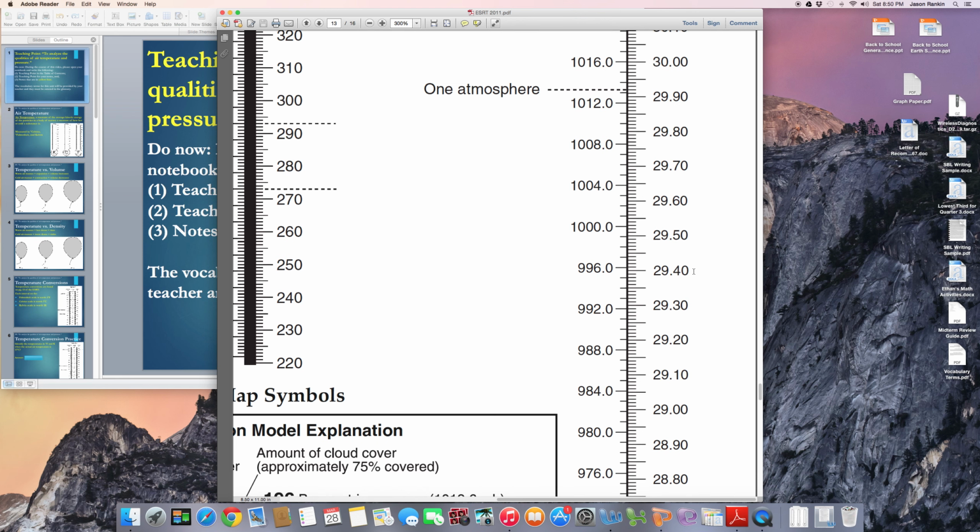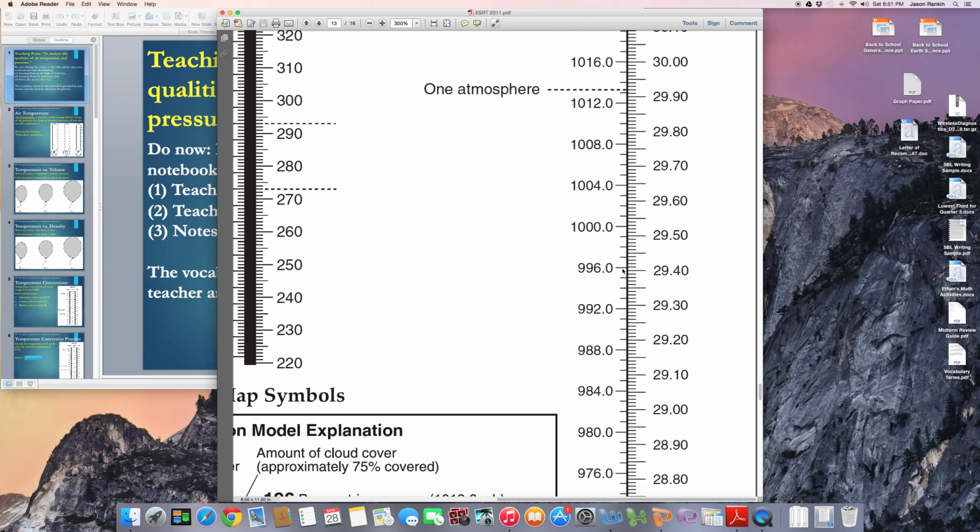So here, 29.40, 29.41, 29.42, 29.43, 29.44, 29.45, 29.46, 29.47, 29.48. So I bring this across, and it falls somewhere between these two numbers. We know each one's worth 1, right?